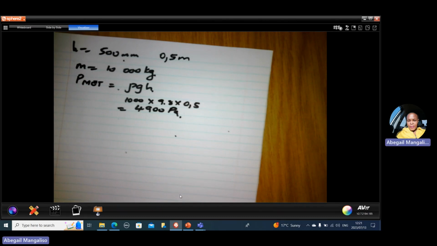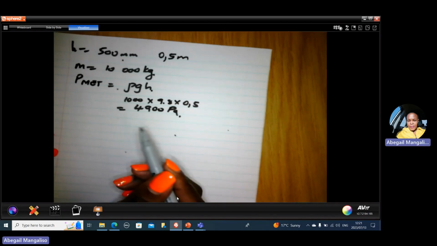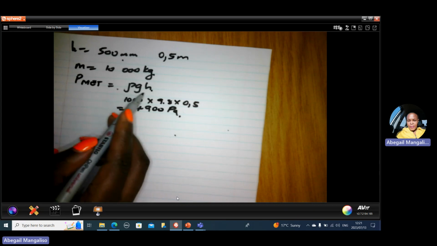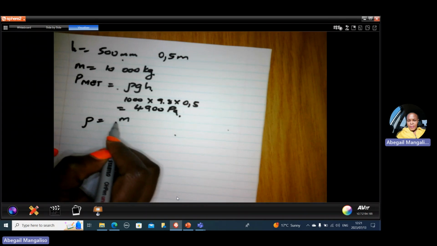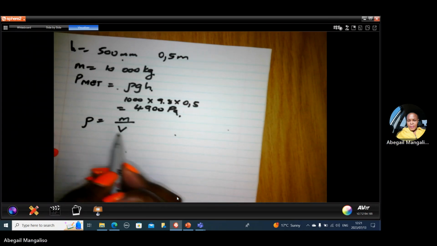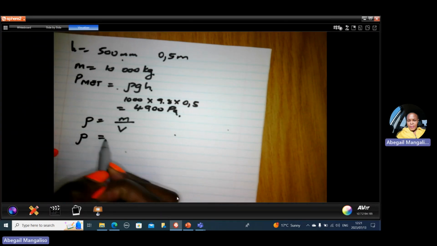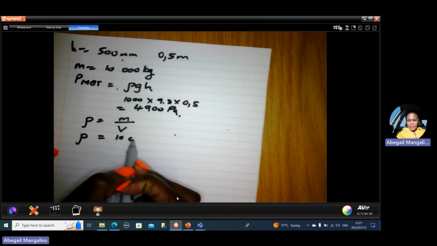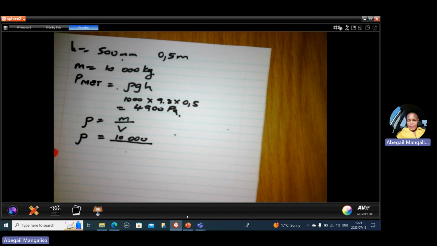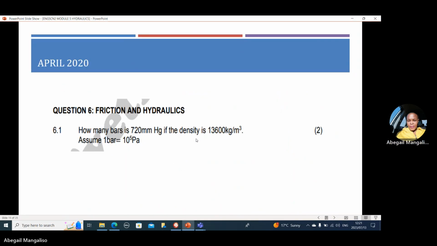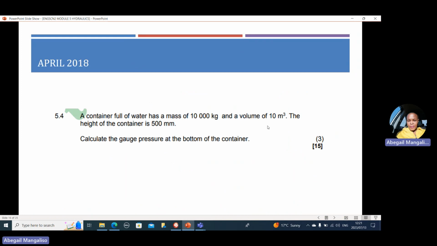So if you want to calculate volume first, you're still going to get the same answer. Because let's say you are not given the table and want to calculate the density of water. Density is given by mass over volume. So density is the unknown, but mass is given as 10,000. Then you divide by the volume, which is given in the statement as 10.